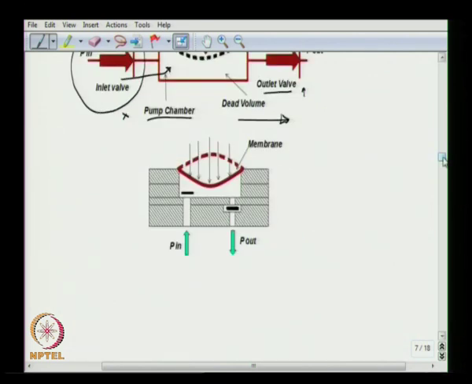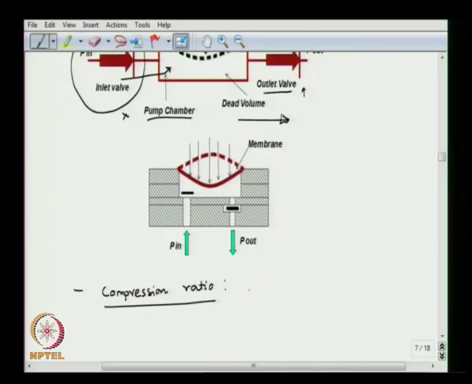So let us look at the important parameters to define the check valve micropump, and one such parameter is the compression ratio. Compression ratio is defined by psi, which is the stroke volume divided by the dead volume V0.